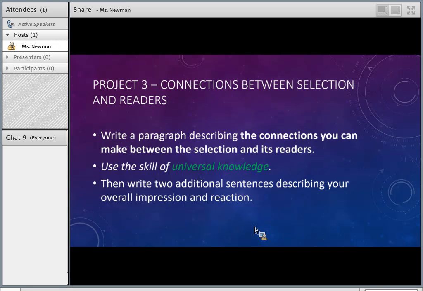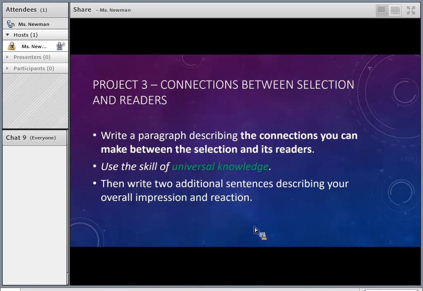Then it asks you to do connections. Make connections between the selection and the readers. So write a paragraph describing the connections you can make between the selection and the reader, so between the speech and whoever is reading it. Use the skill of universal knowledge, it says. So universal knowledge is making connections to anything you might know. It could be another text that you've read.